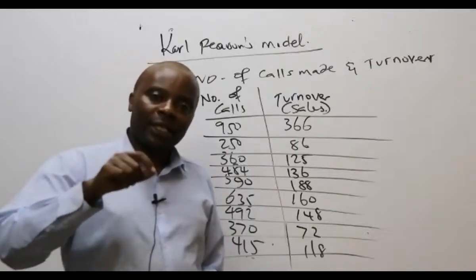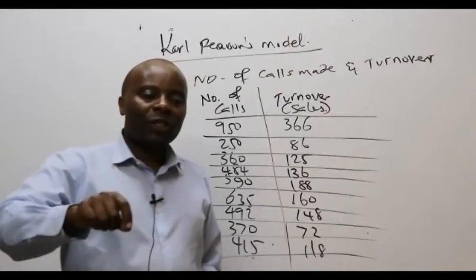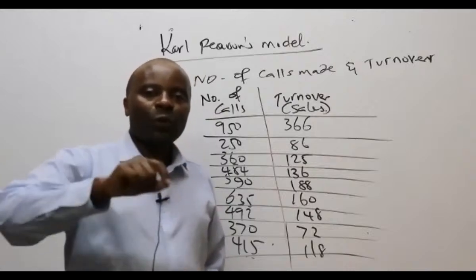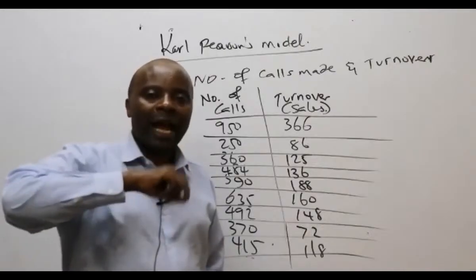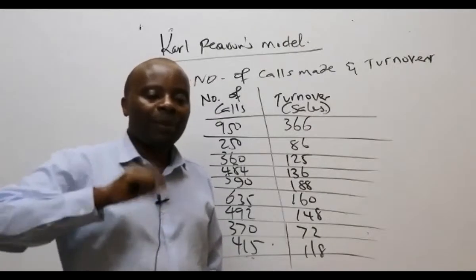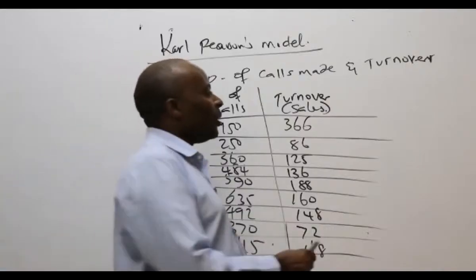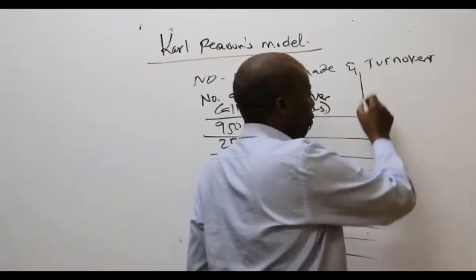We must establish the dependence relationship. Which one depends on the other? Which variable depends on the other? So you must always establish the dependence relationship.